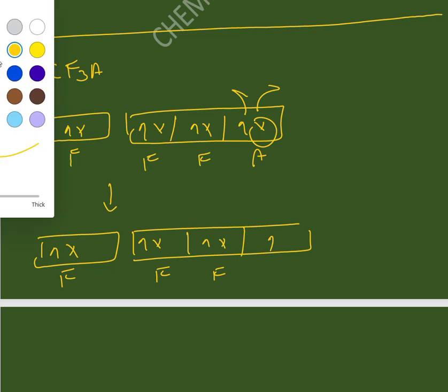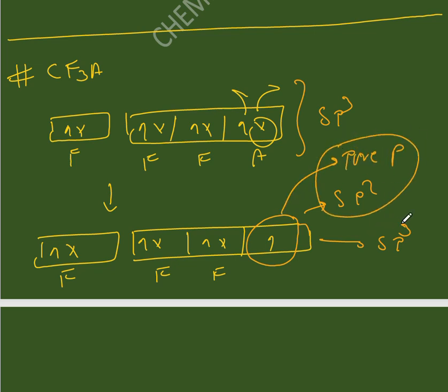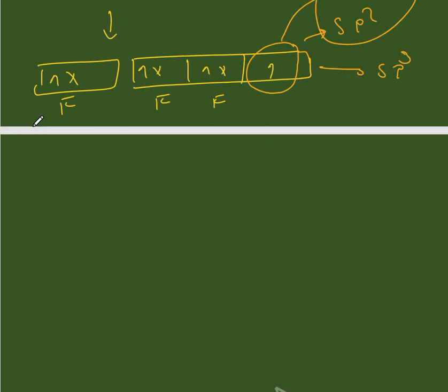Now the question remains, this species was sp3. Now what about this one? Is this going to be sp2 or sp3? What is going to be the fate of this? It all depends on this electron. If we keep this electron in a pure p orbital, then it's going to be sp2, otherwise it's going to be sp3. Let's look at it how.